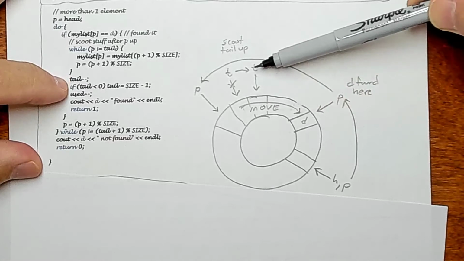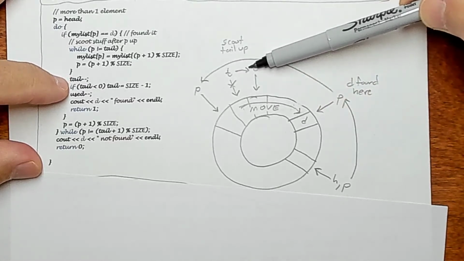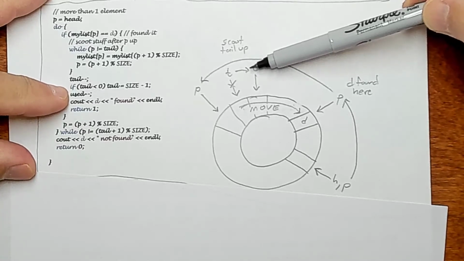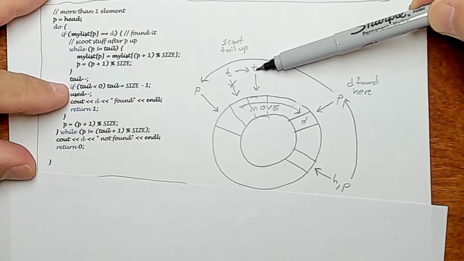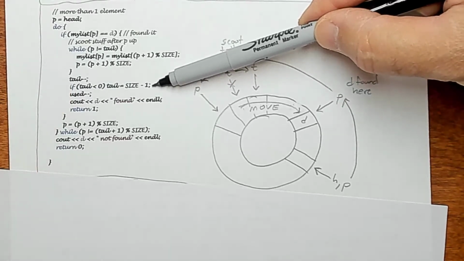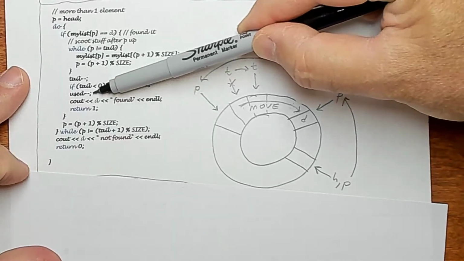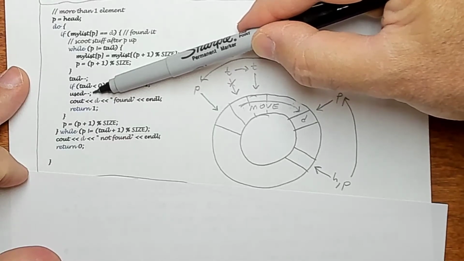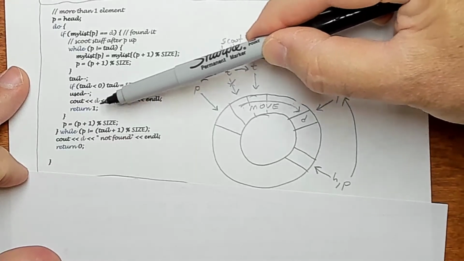And then when that's all done, I have to move the tail back, right? Because there's one less item in the list. So you have to do this tail minus thingy. And then because you're moving the tail back, it could roll over past 0. So you need to check for that and correct for that. And then, we removed an item, so we have to decrement used. Say that we found it and then return 1.